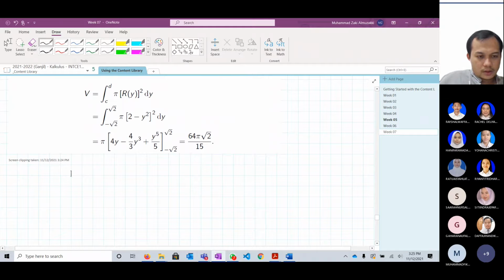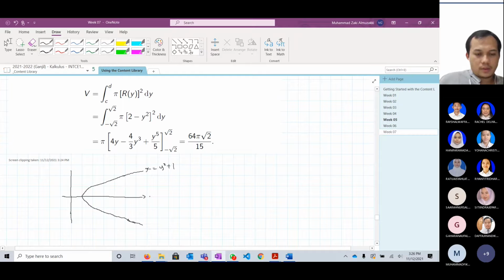So we draw it like this. This is x equals y squared plus 1.